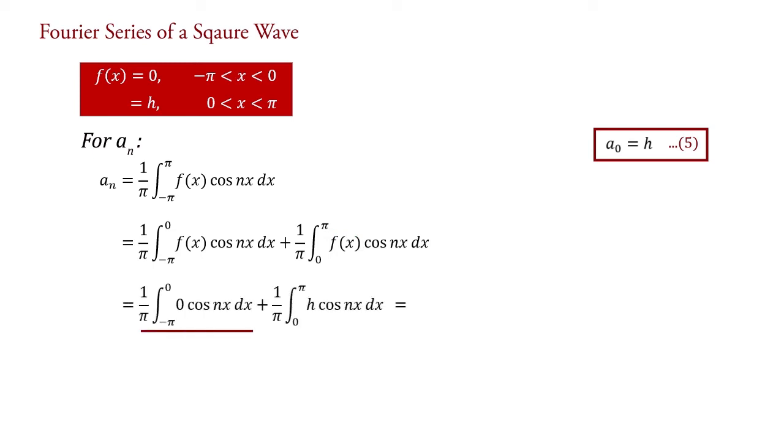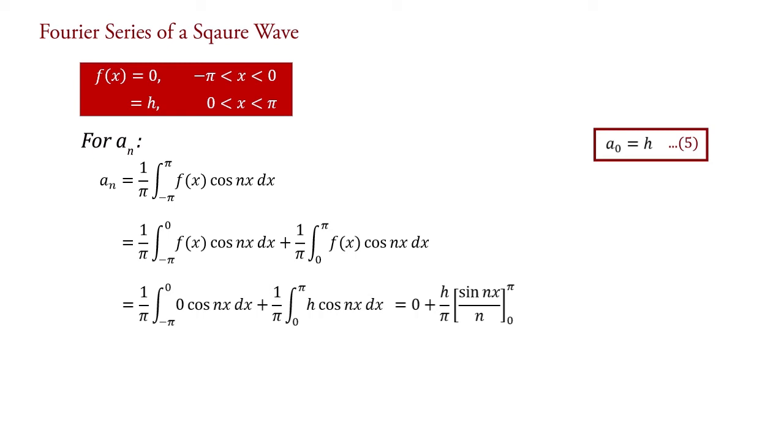Now this term is 0 and in this term we keep h outside, so h upon pi into bracket. Now here integration of cos nx, that is sin nx upon n, and limit 0 to pi.